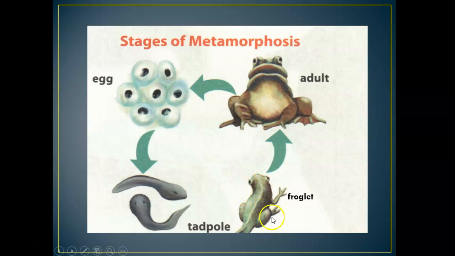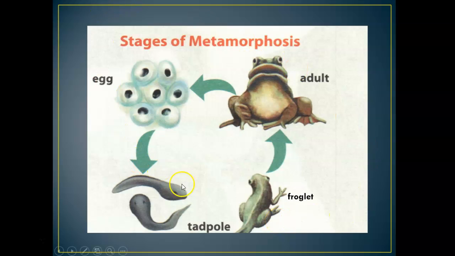But if you watch the froglet long enough, it's pretty cool because you can see that tail start to shrink up and just absorb up into the froglet's body, and then it becomes an adult frog. What's also neat about tadpoles is if you watch them closely, you can see when their little arms and legs start to sprout and when they grow.